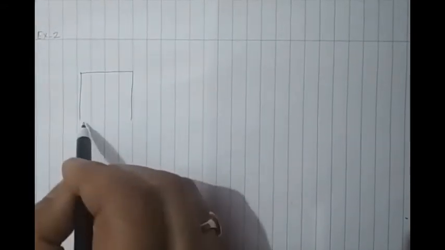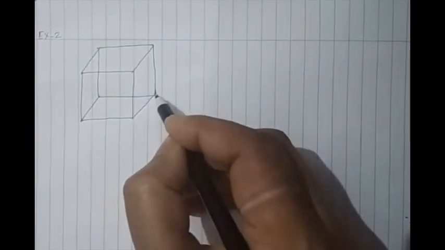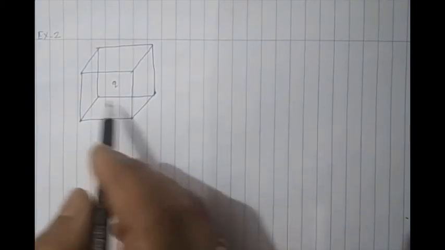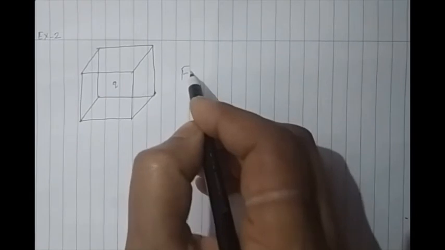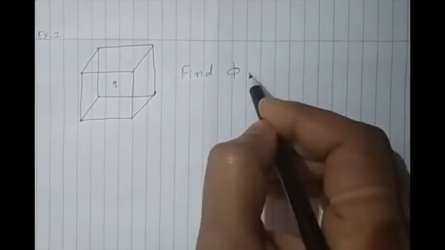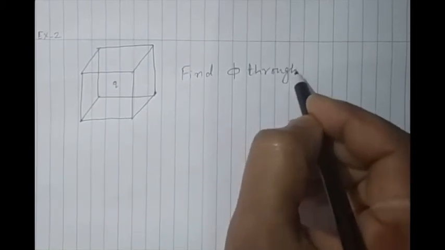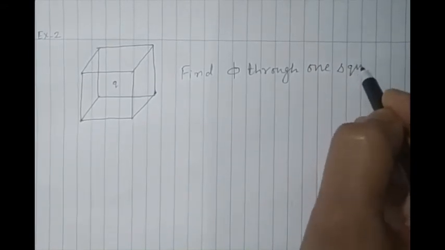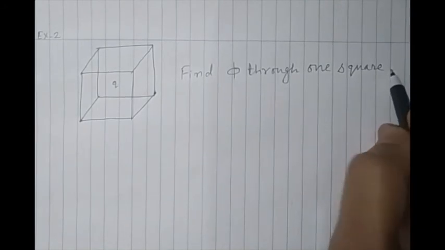Now take another example, example 2. Suppose there is a cube of side A, and a charge Q is placed at the center of the cube, and we have to find the electric flux through one square surface.